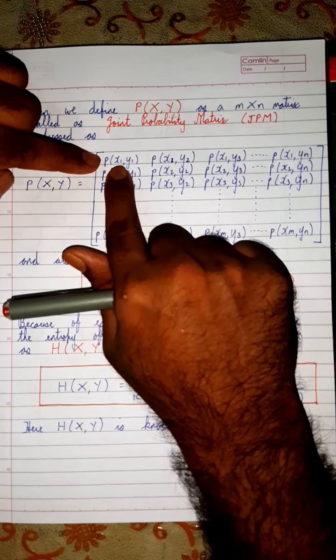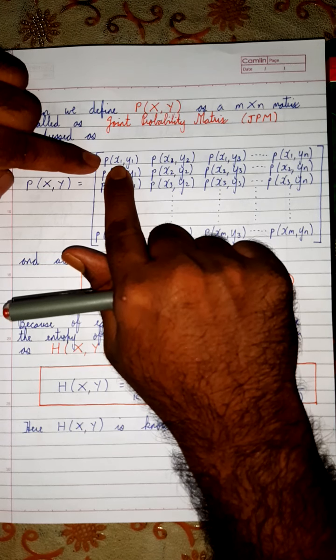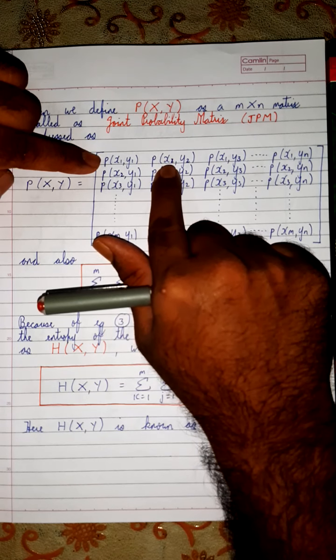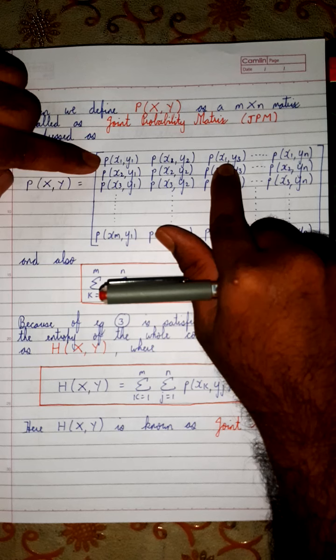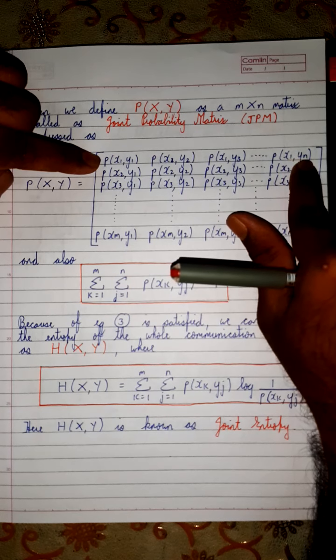What is P of x1,y1? The probability that x1 is transmitted and y1 is received. P of x1,y2 is the probability that x1 is transmitted and y2 is received, and so on up to P of x1,yn.